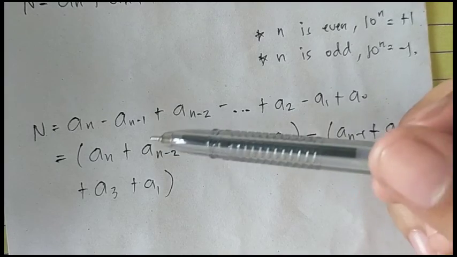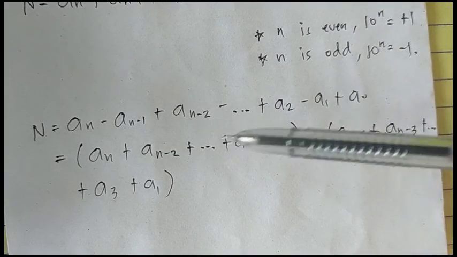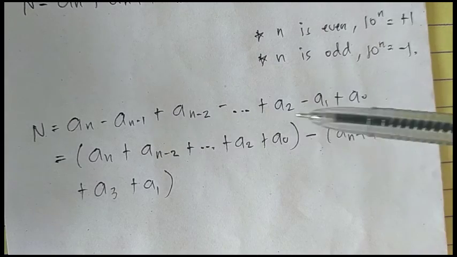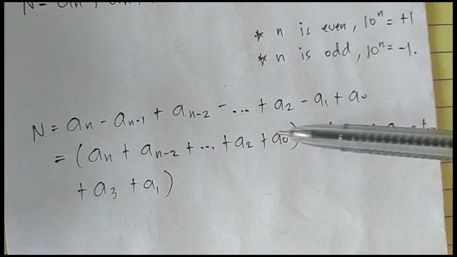So we regroup this since this is even and this is odd. All of this is even and then this is odd.